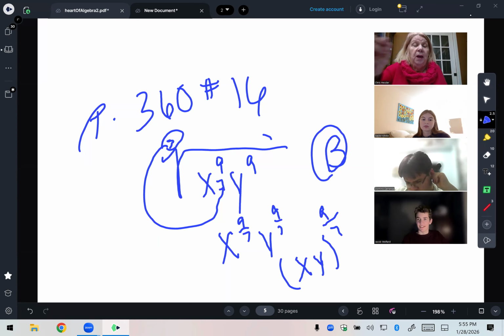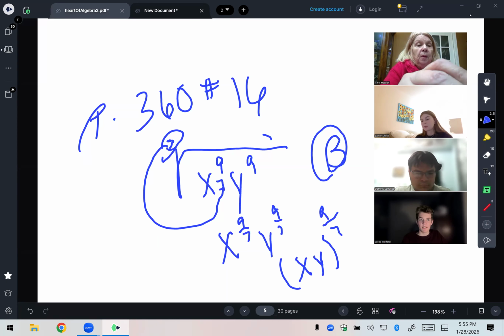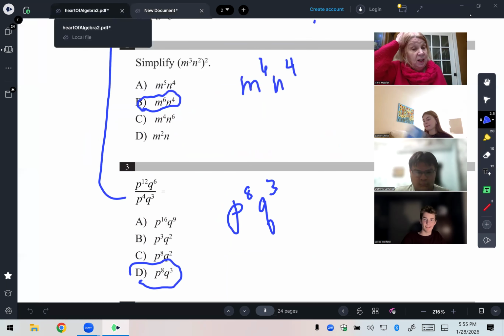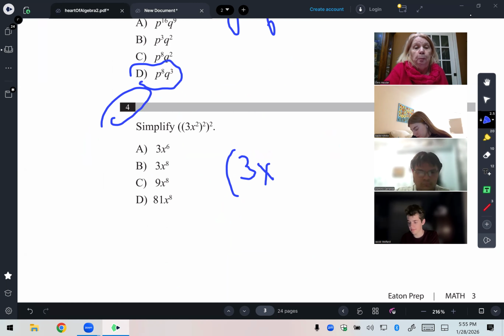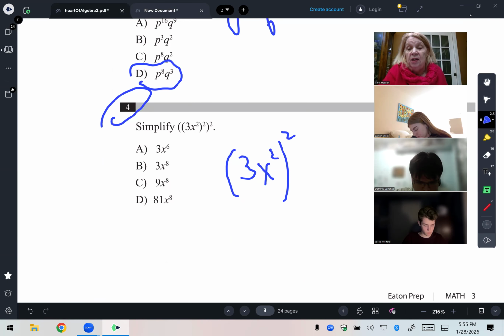Okay, next page. Oh, let's go back to the packet. So trying to get every contingency, if we look at number 4, back in the packet, I'm sorry, we're doing this. So if we have 3x squared and we're squaring it, do I have to square that 3 that's in the parentheses?